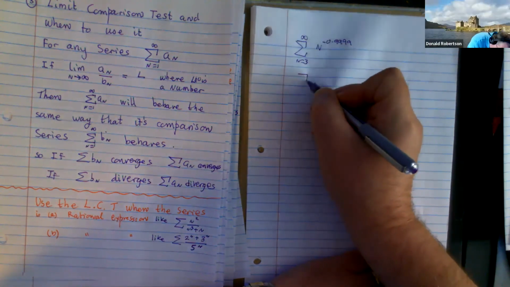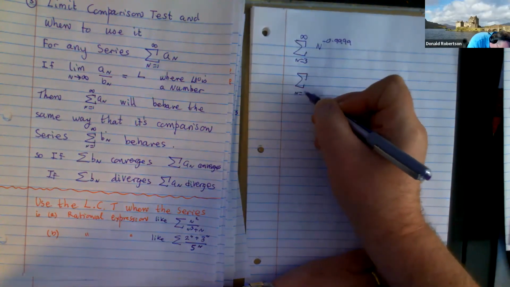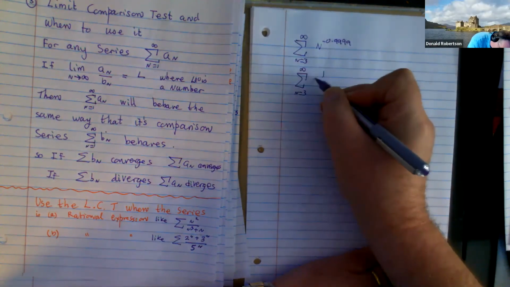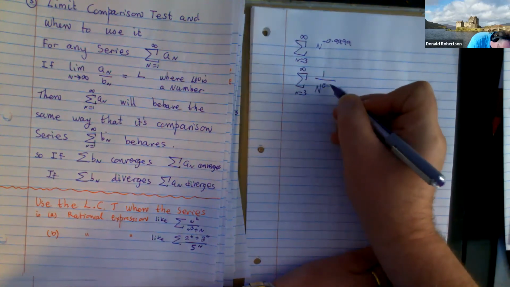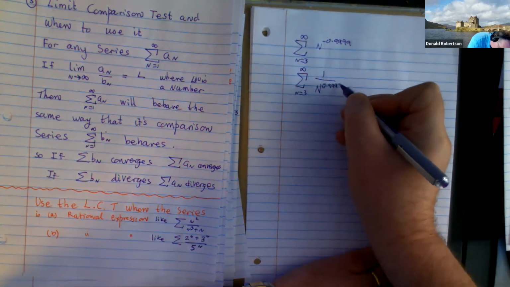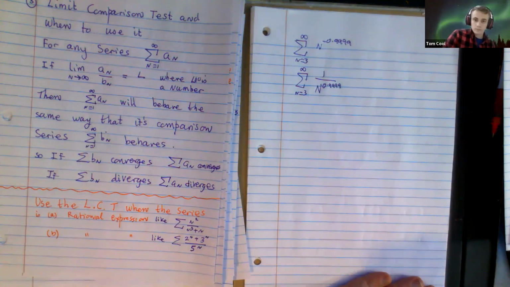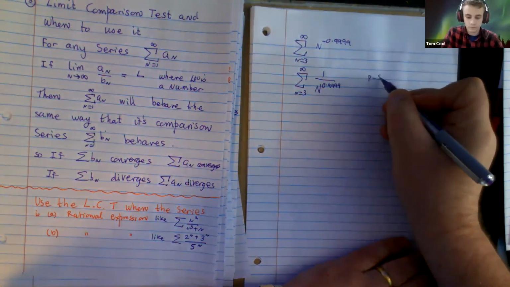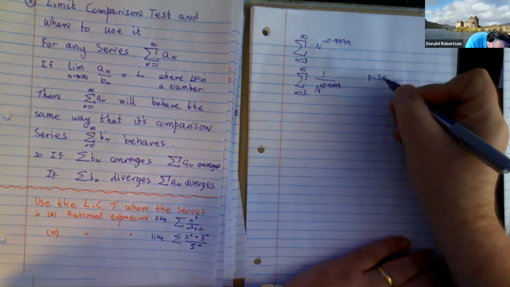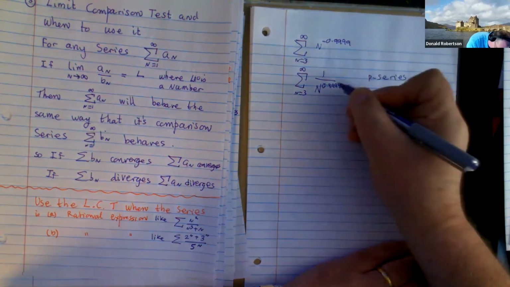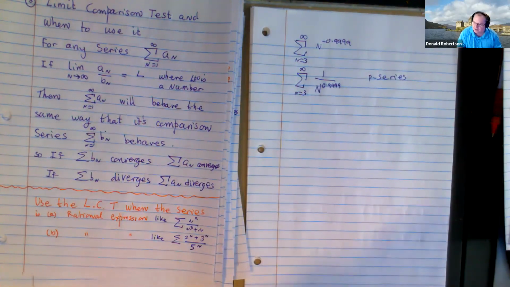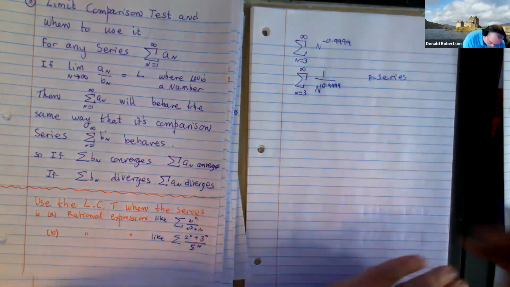If I rewrite this one so it looks like a p-series, it will be 1 over n to that power. It's a p-series because it has 1 over n to the power. P-series don't need whole numbers there, right? Can you have n to the half and then to the point, lots of 9s?